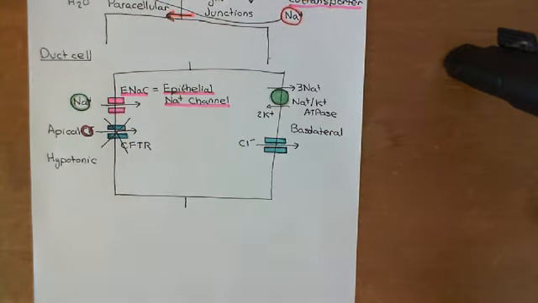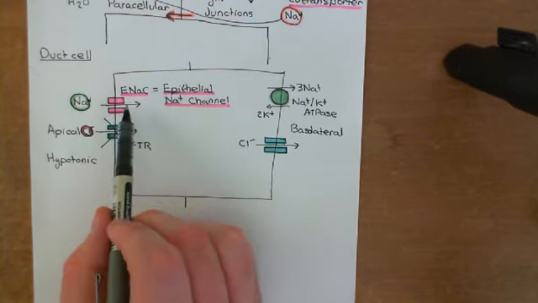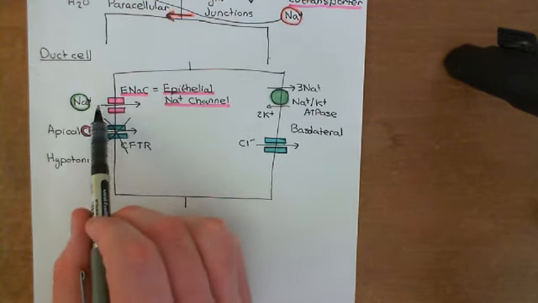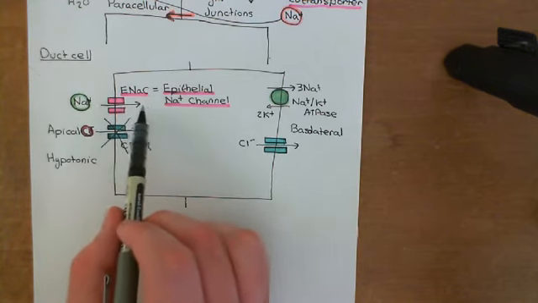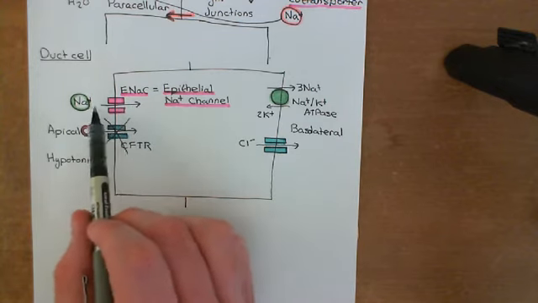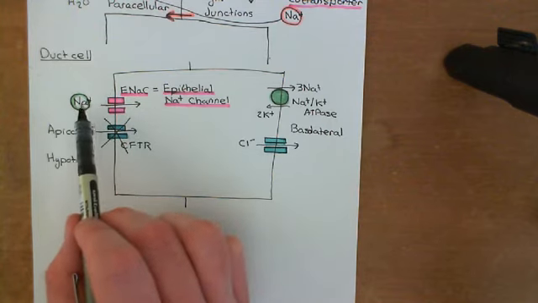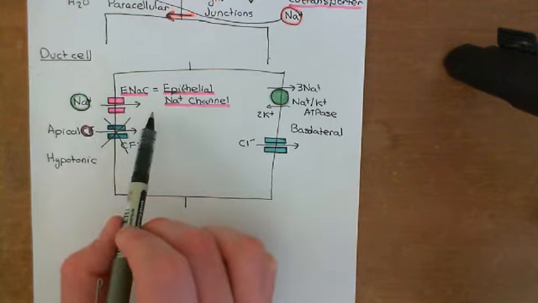And if the CFTR is lost in the duct cells, then the whole thing is going to stop, because even though the ENaC is still functional in the duct cells, if you're bringing the sodium into the cytoplasm of these duct cells, you're going to very quickly create an electrical potential difference across this cell membrane that is going to oppose the movement of further sodium in.